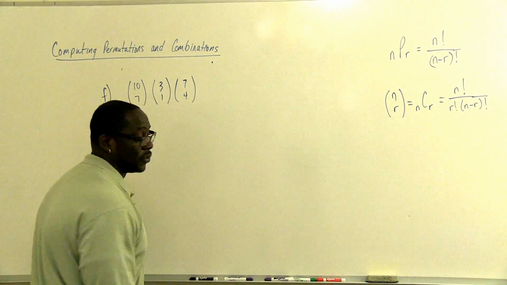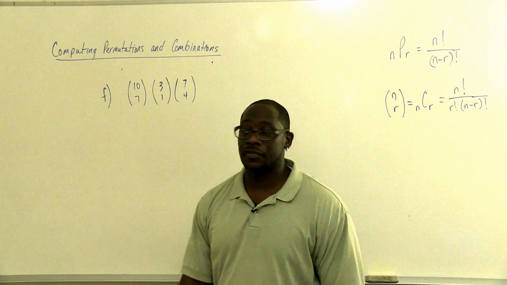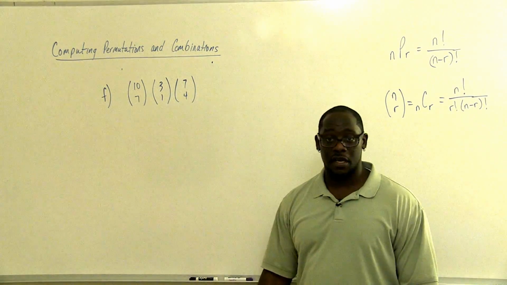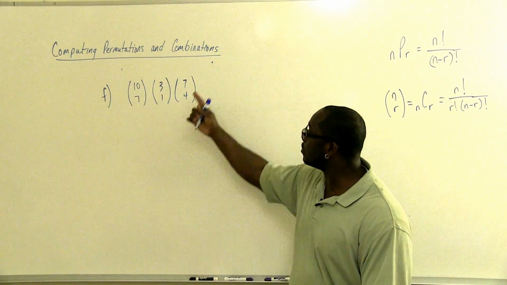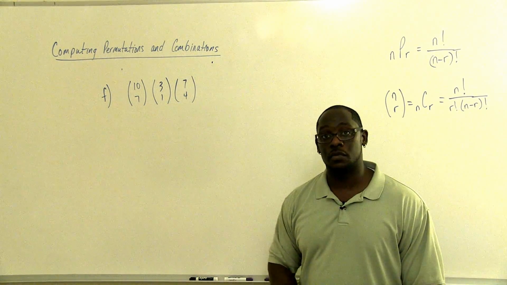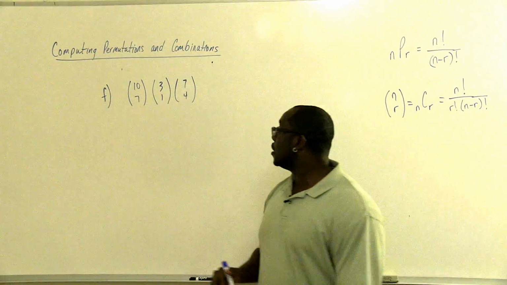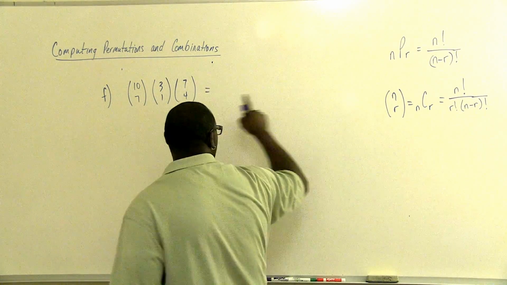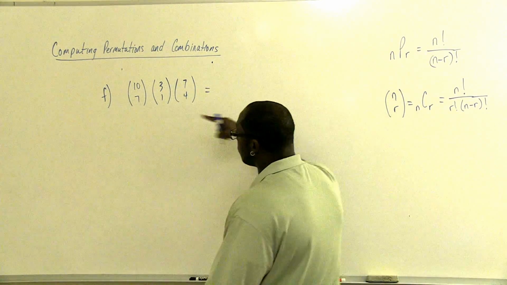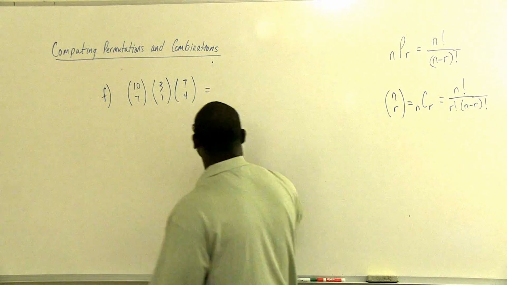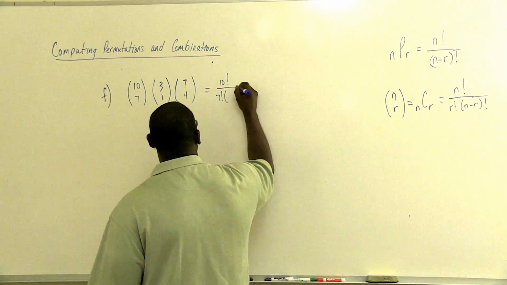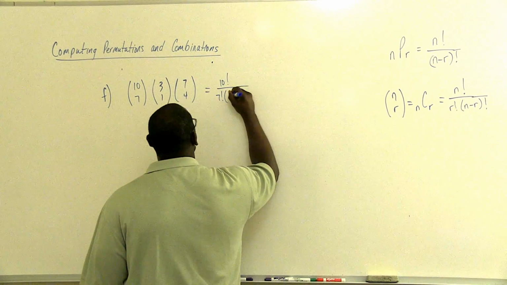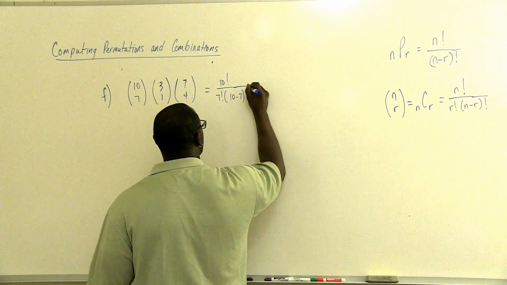Okay, so here what we want to do is the combination of 10 things grouped 7 at a time times the combination of 3 things grouped 1 at a time times the combination of 7 things grouped 4 at a time. And so here we're going to follow our formula for combinations for all of these. So we'll say 10 factorial divided by 7 factorial times 10 minus 7 factorial.